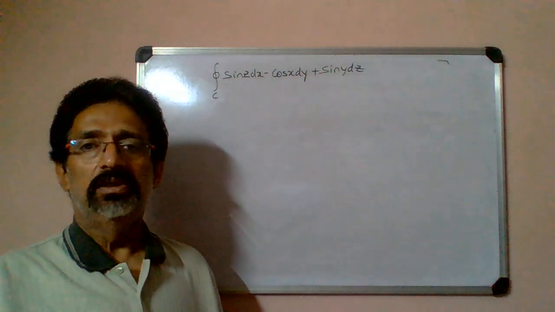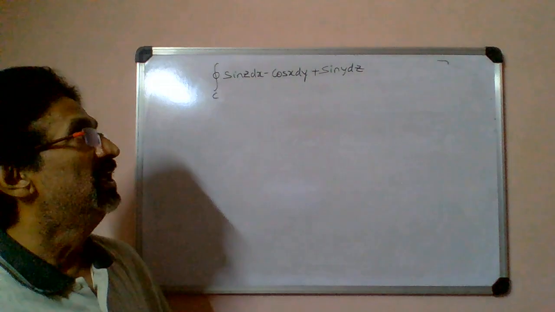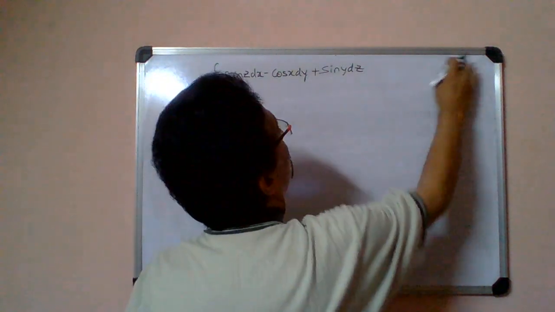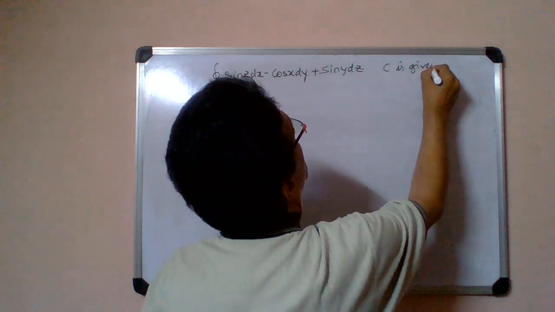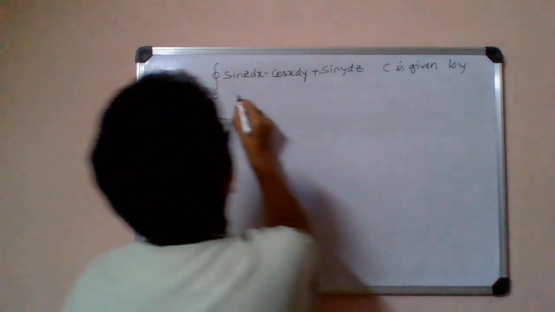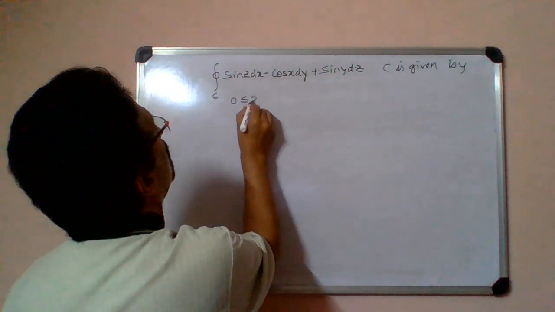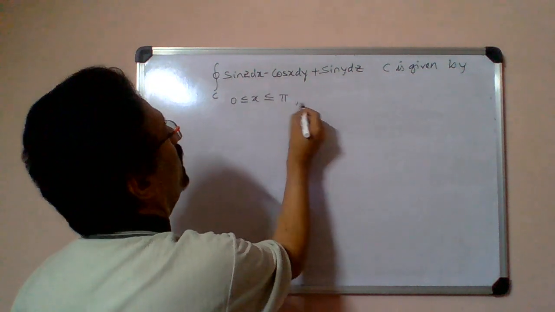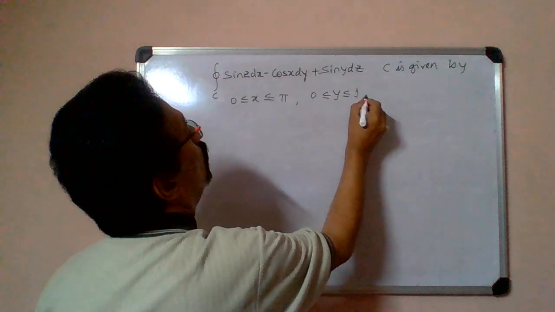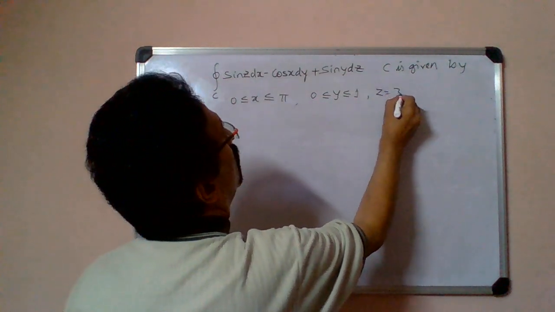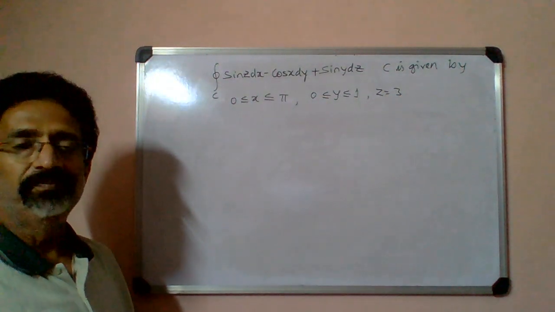We have to evaluate this, where C is given by 0 less than or equal to x less than or equal to pi, 0 less than or equal to y less than or equal to 1, z is equal to 3.